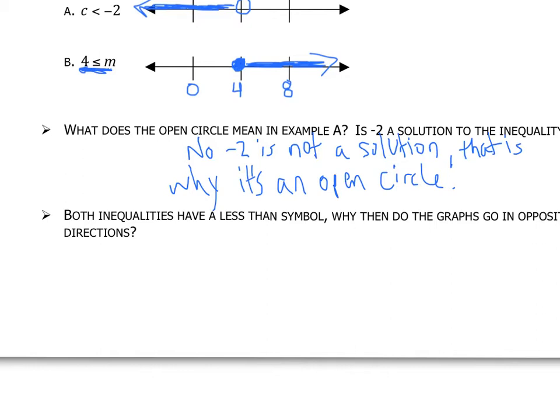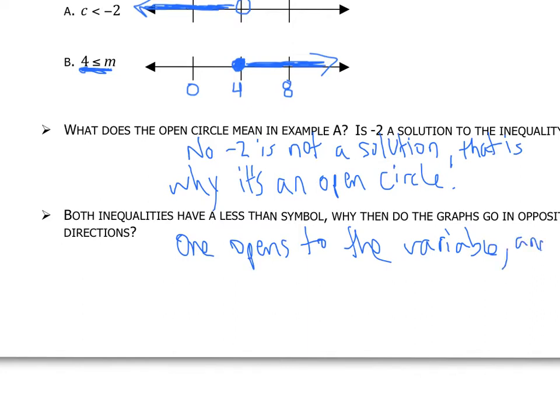Or to write it in here, you could say one opens to the variable, and the other does not. That's why they go in opposite directions.